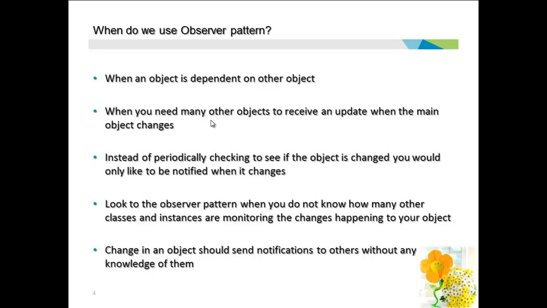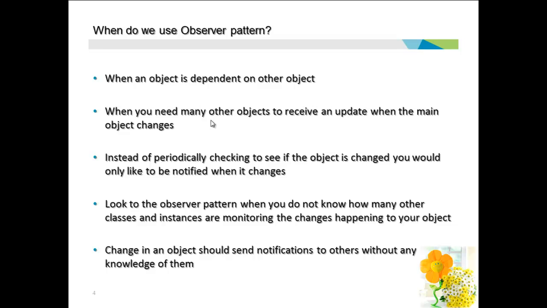So based on the examples that we have seen so far, when an object is dependent on another object, when you need many other objects to receive an update when the main object changes, then we go for observer pattern. The advantage here is that instead of periodically checking to see if the object has changed or not, like cricket score updates, whenever the cricket score changes or a stock price changes, in such cases you might want to update the change to all the registered parties.